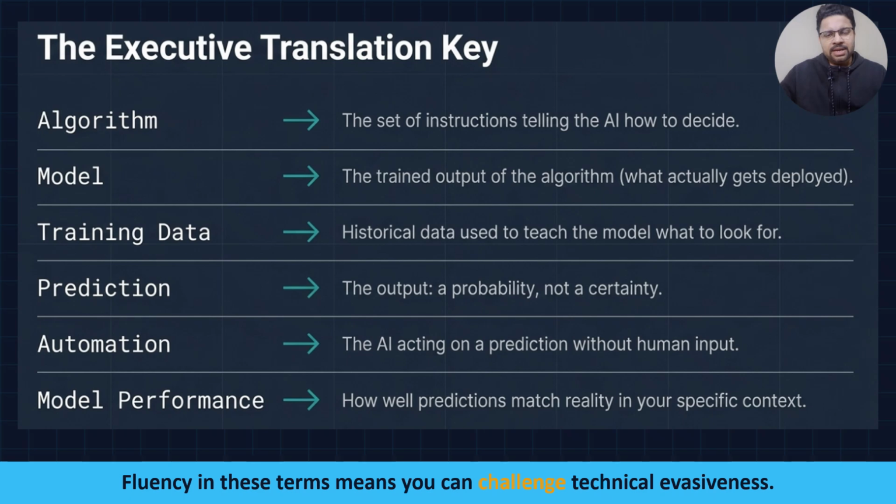And remember, a prediction is a probability, not a certainty. Automation means the AI acts on that prediction without human intervention. Ultimately, performance tells us how well the model works in the real world. Understanding these terms helps you cut through the technical jargon and ask the right questions. Now, let's look at where AI is actually being applied in healthcare.